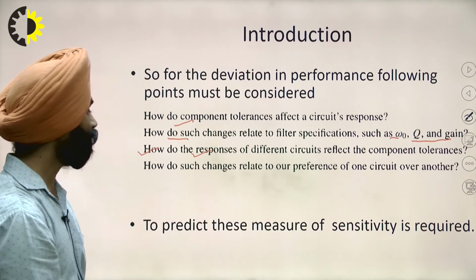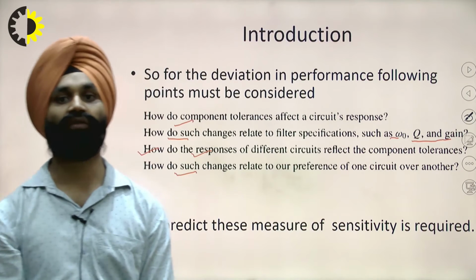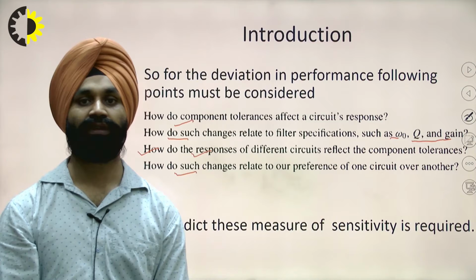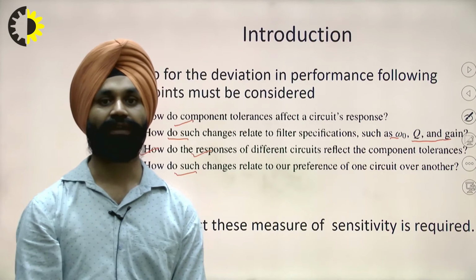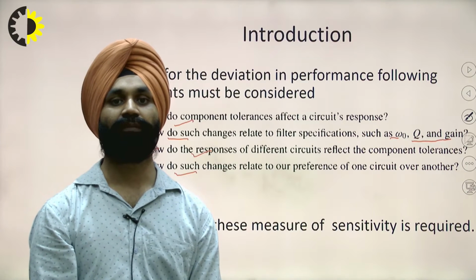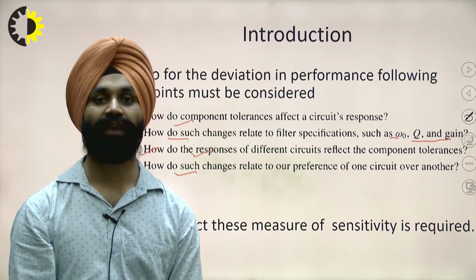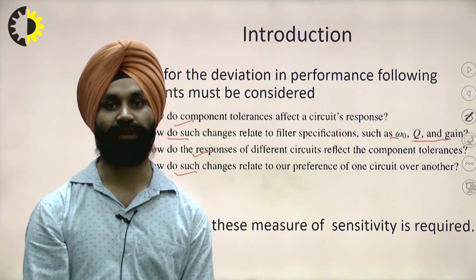Lastly, we have to find out how such changes relate to the preference of one circuit over the other circuits. For example, if there is a cascade, the first cascaded circuit will have a larger effect than the last stage components.